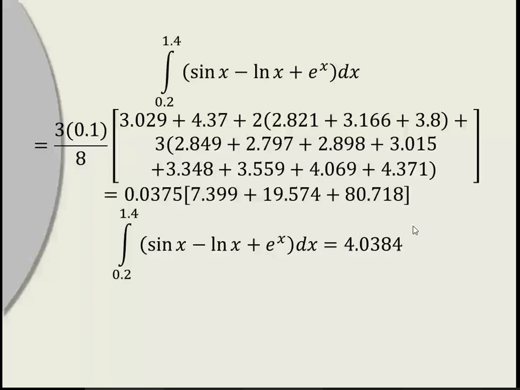Because it is a multiple of 3, the 3/8 rule is applicable. As it is even, the 1/3 rule is applicable, and trapezoidal is used for any interval. So using these rules, we can easily solve numerical integration.